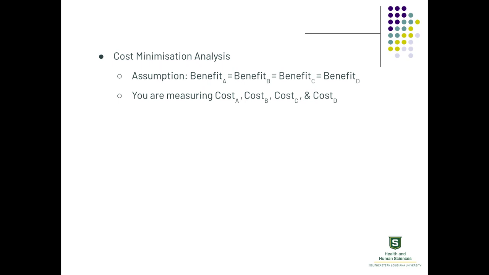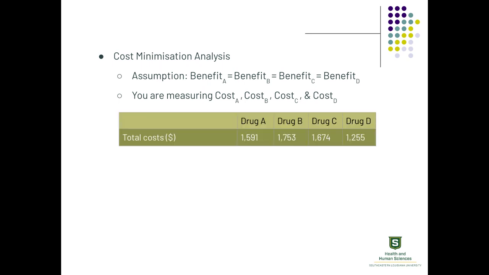And based on the data that you collected, you find that drug D is the cheapest of the four at $1,255, while drug B is the most expensive in terms of total cost at $1,553.